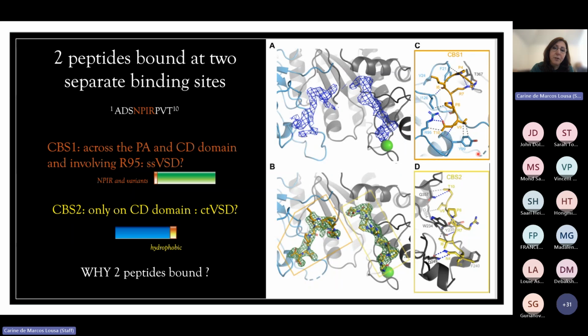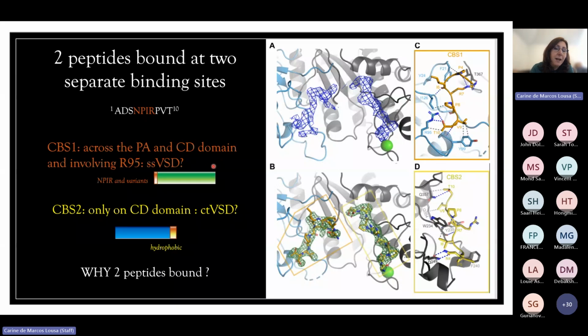The other thing that was nice to see is that cargo binding site 1 involved a cradle loop here that contained the arginine 95 that I already described before. So it was confirming the previous results that these amino acids and this cargo binding site were actually involved in binding the vacuolar cargo.